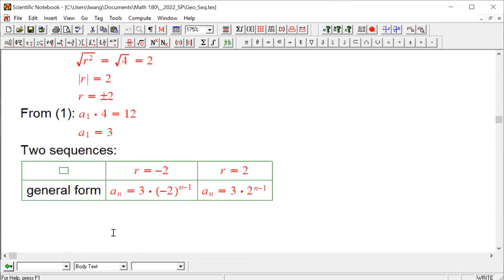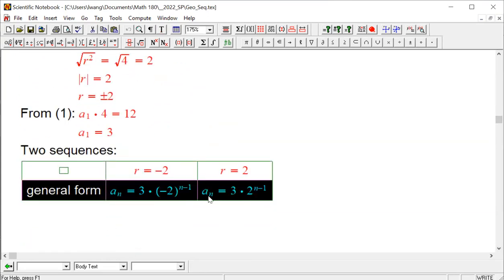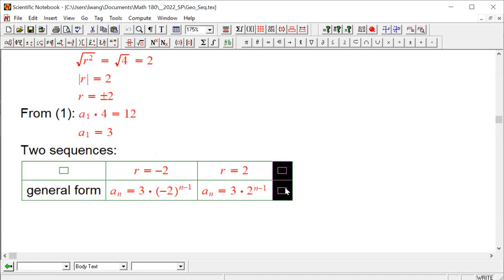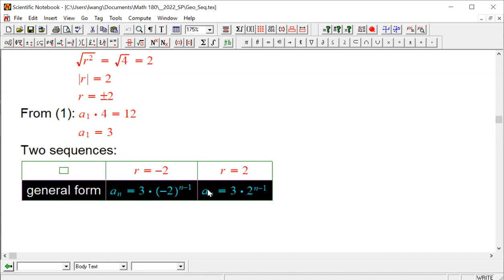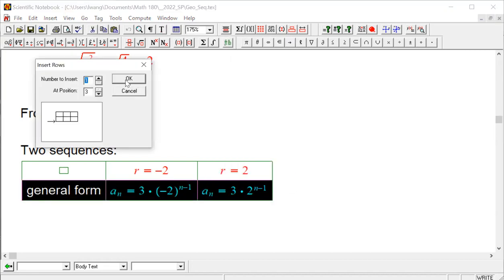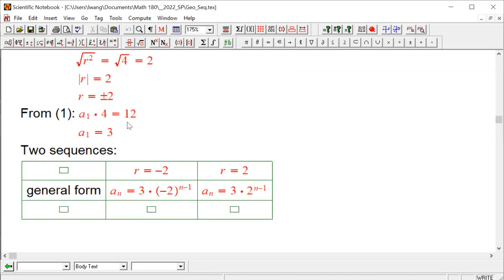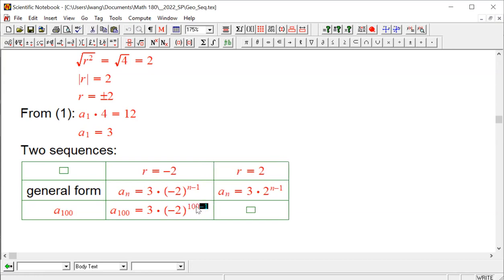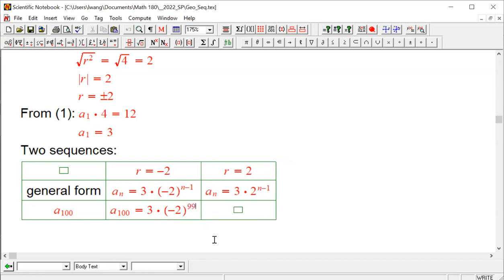So what is the 100th term? In the r equals -2 case, n equals 100, and 100 minus 1 is 99.